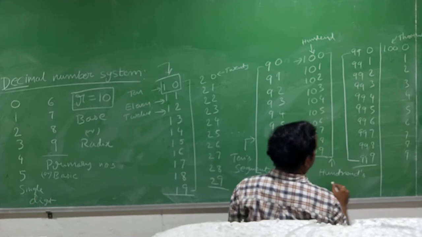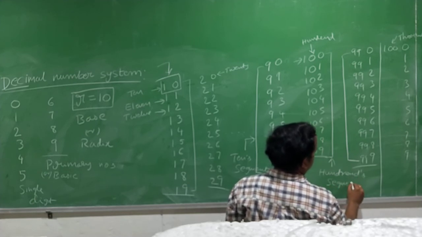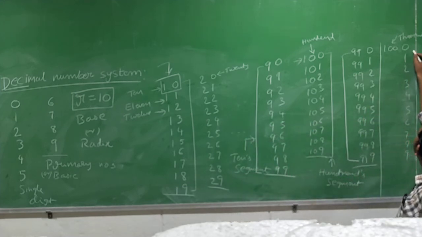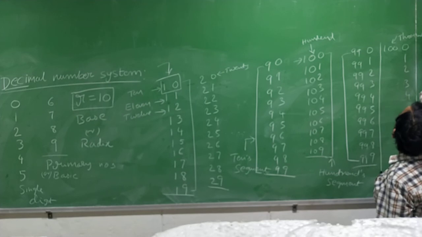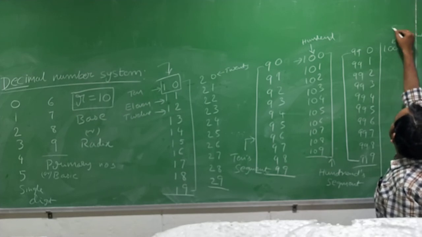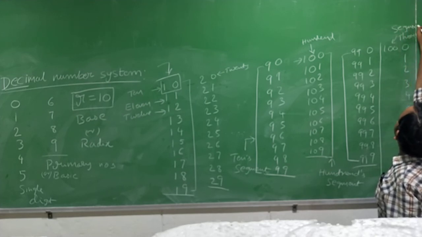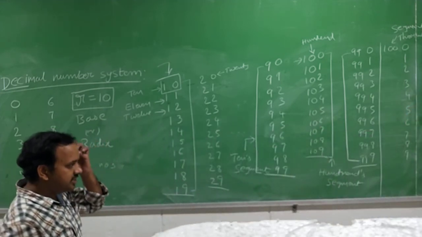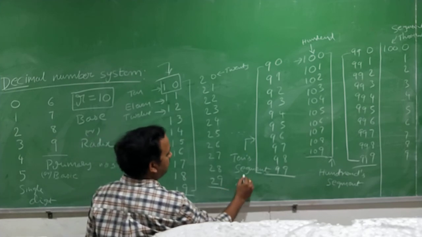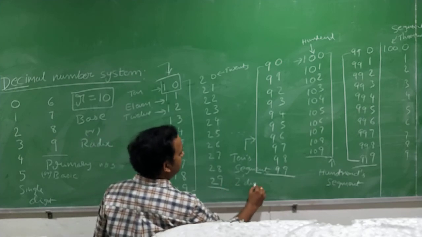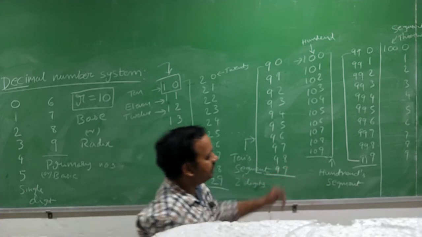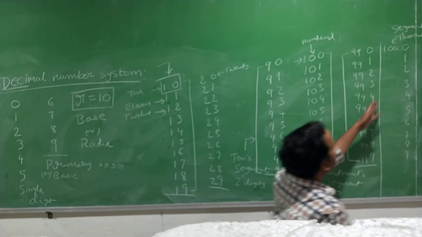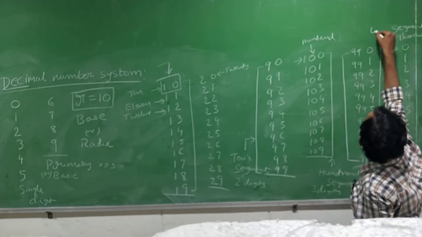Likewise, the 4-digit sequence I am calling the 1000th segment. In other words, we can say the 10th segment contains 2 digits, the 100th segment contains 3 digits, and the 1000th segment contains 4 digits.